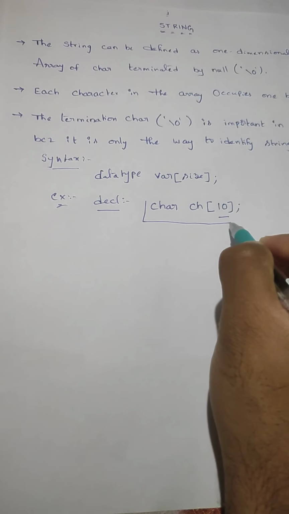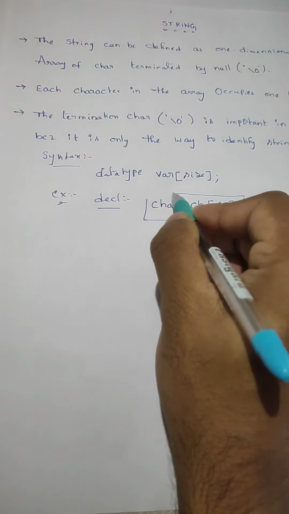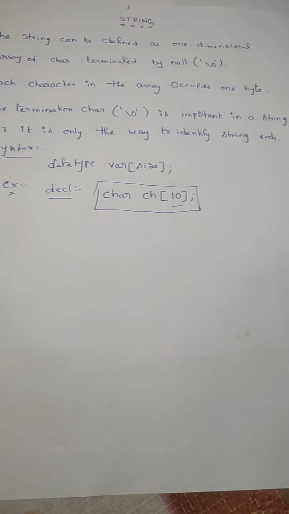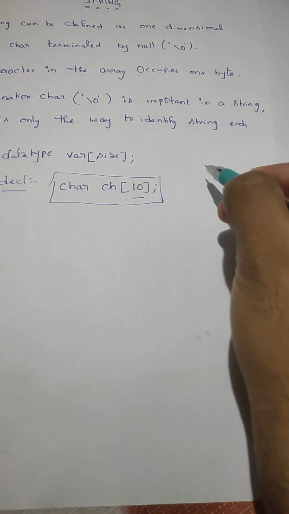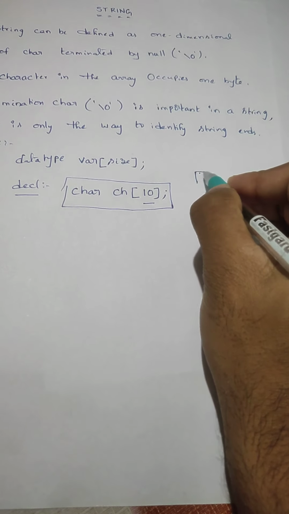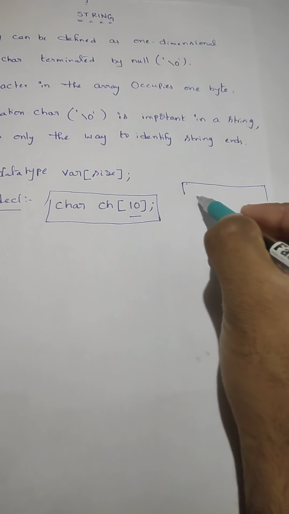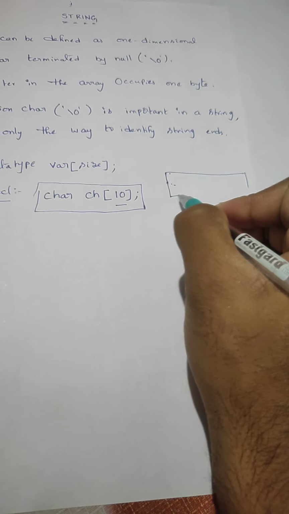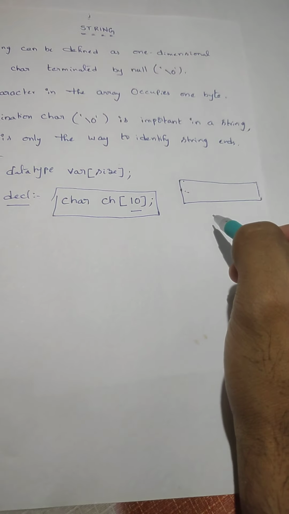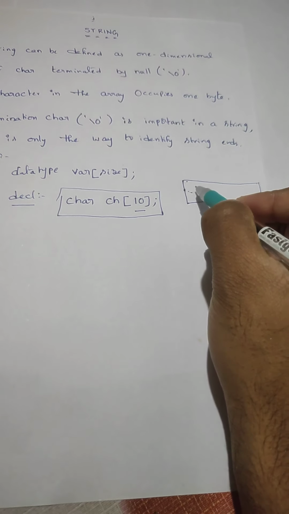After declaring ch of 10, how is the memory created? The total length of this character array is 10.